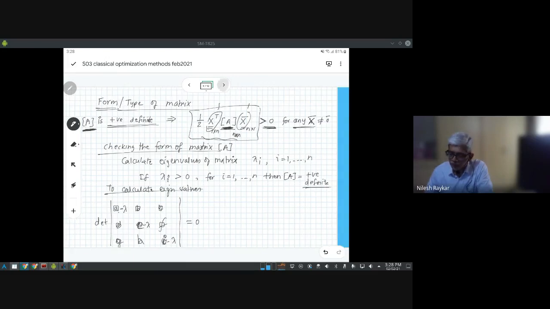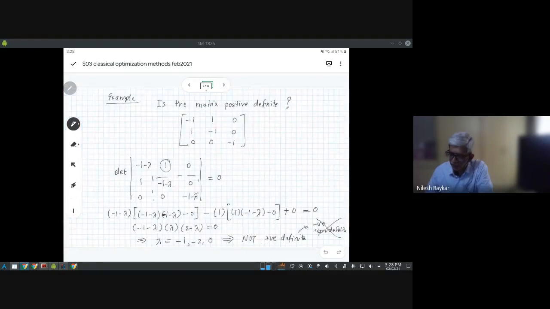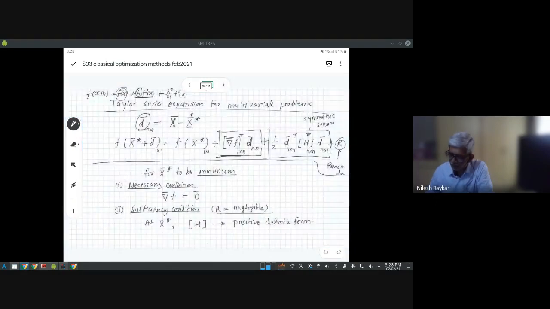So if the matrix is positive definite, then this term is positive. If the H matrix is positive definite, then this particular product will also be positive, and we have already said this other term is 0. Which means that in any direction you move around x bar star, the resultant value will always be higher.